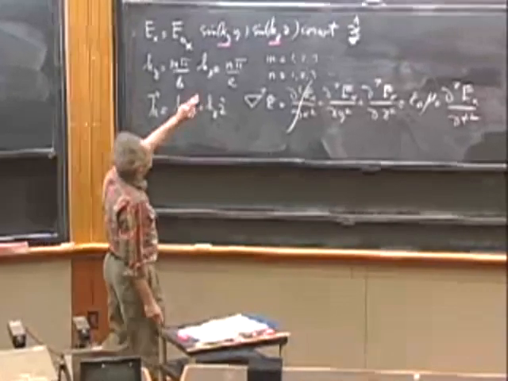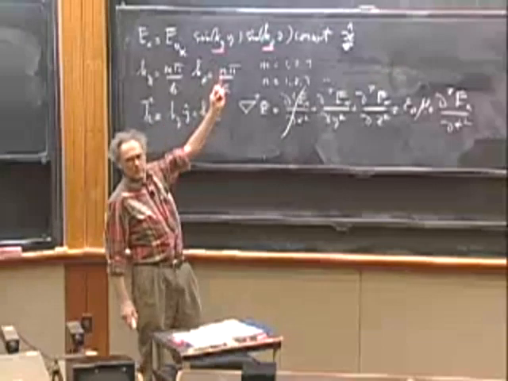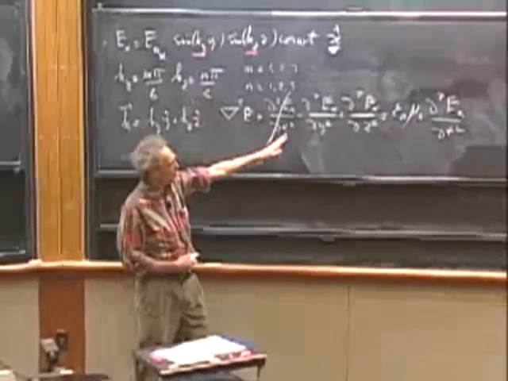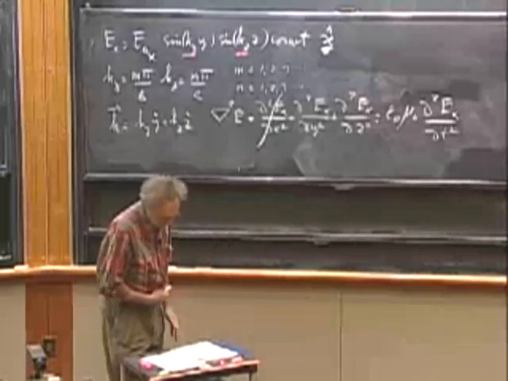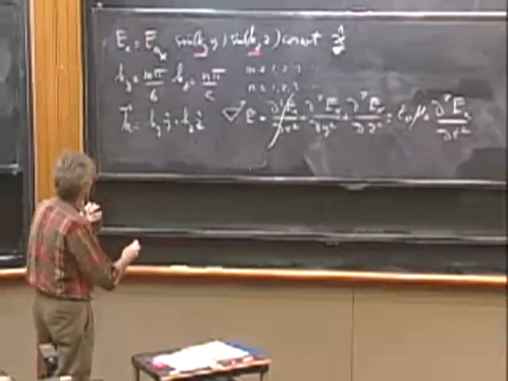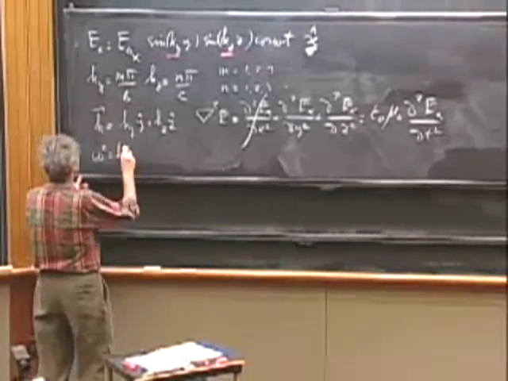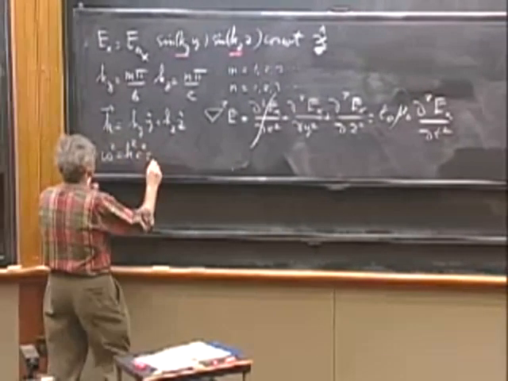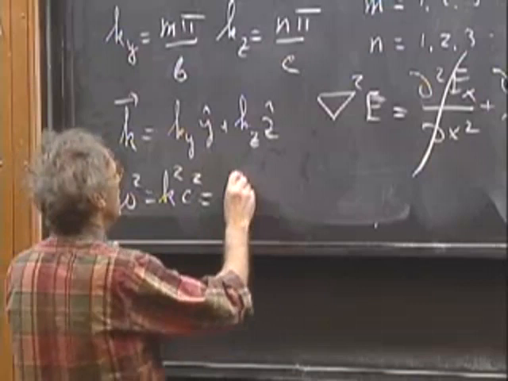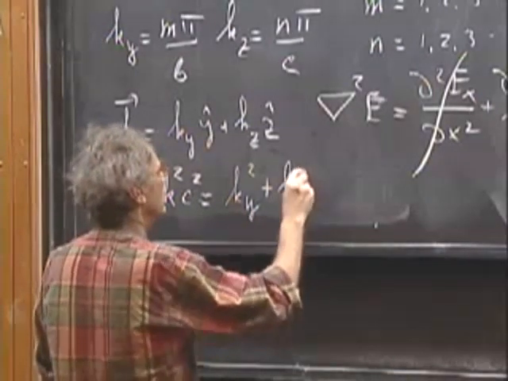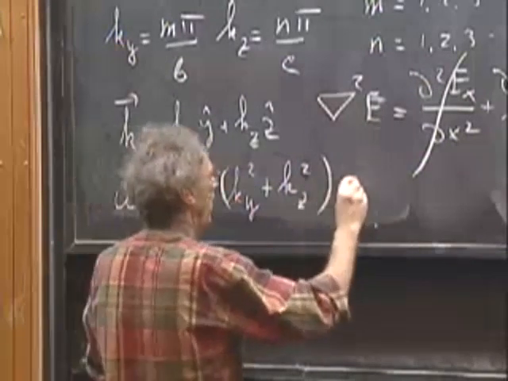And if I substitute my solution, which I know deep in my belly has to be correct, in this wave equation, then what you find, of course, is no surprise, that omega squared equals k squared times c squared. And so that is going to be ky squared plus kz squared times c squared.